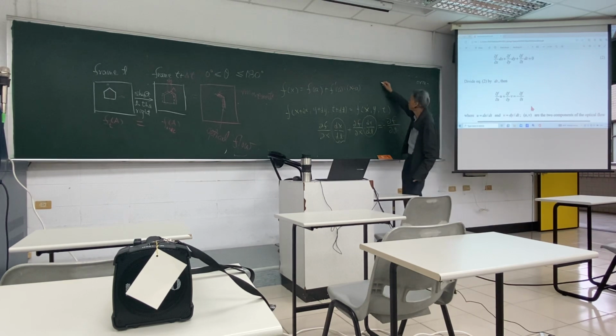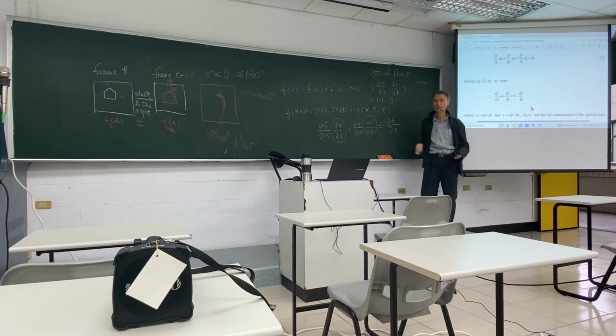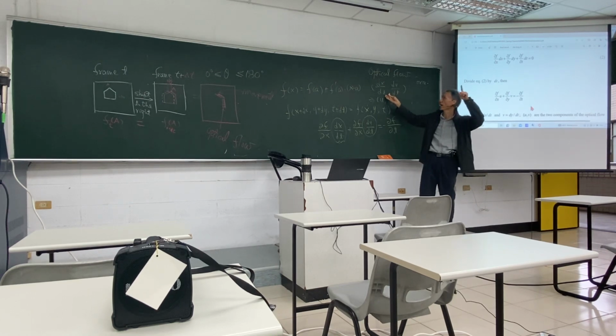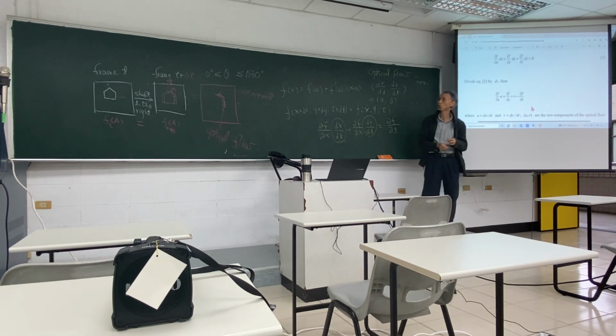So dx over dt and dy over dt are the so-called optical flow. We use u and v to represent the shift in one unit of time: how much it moves along the x axis and along the y axis per unit time. This is called optical flow.